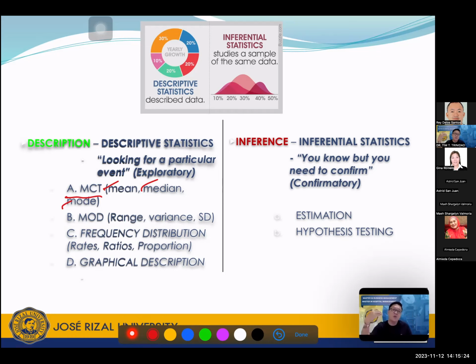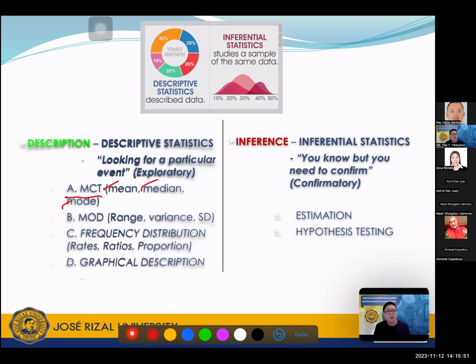Kung pwede mong i-mention lahat ang mga information about the mean, the median, the mode, the range, lahat sabihin mo yan so that you will picture your information in a three-dimensional presentation, no? Kaysa sasabihin mo lang, i-mention mo lang yung mean, parang one dimension lang yung nakikita mo. But if you talk also about the median and the mode, then medyo mas well-rounded yung presentation.